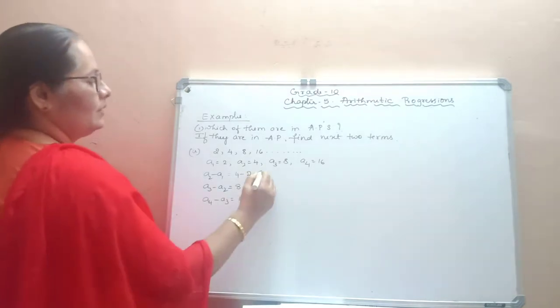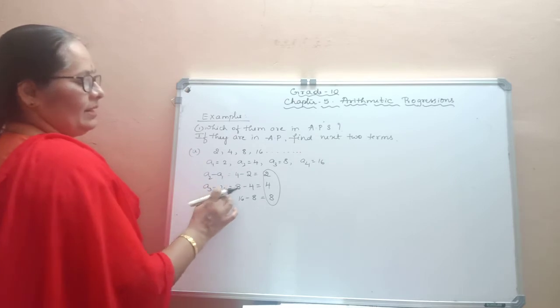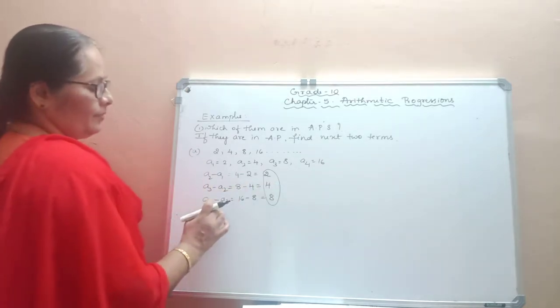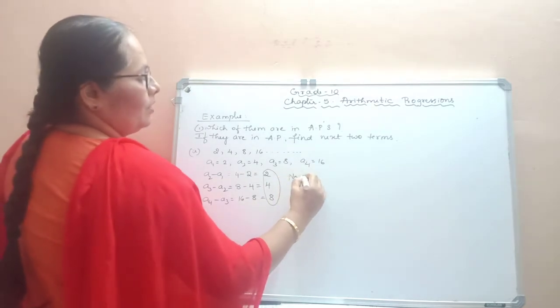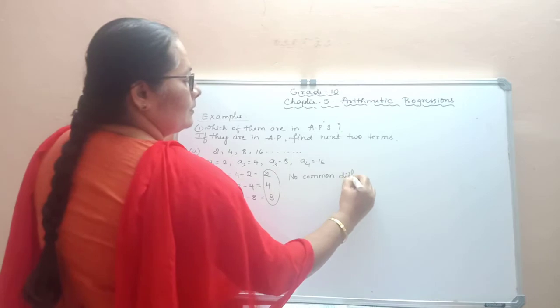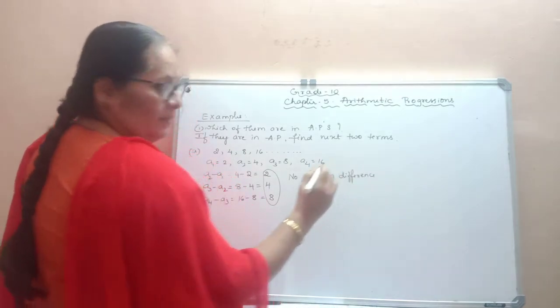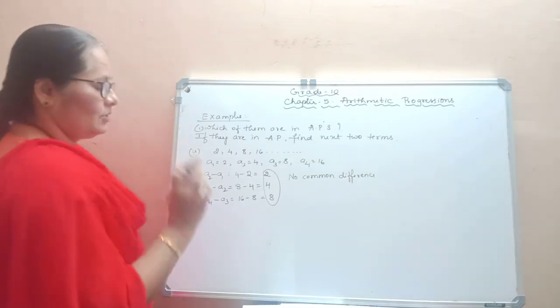No. So, see here, A2 minus A1 is 2. A3 minus A2 is 4. A4 minus A3 is 8. There is no common difference. It means the above sequence is not in arithmetic progression.